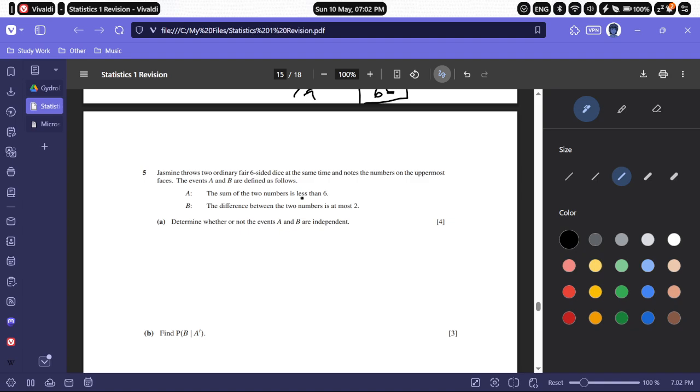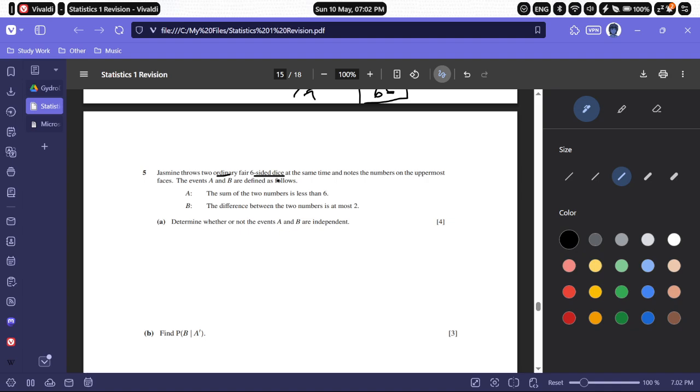So Jasmine throws two ordinary fair six-sided dice at the same time and notes the numbers. You have two events, A and B. For event A, the condition is that the sum of the two numbers is less than 6. For event B, the difference between the two numbers is at most 2.